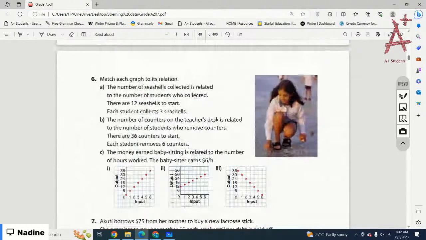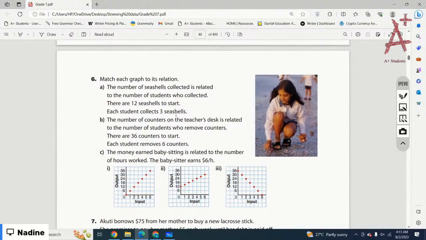Okay, match each graph to its relation. You have to match the values to the relation. The number of seashells collected is related to the number of students who collected. There are 12 seashells to start. Each student collects 3 seashells.